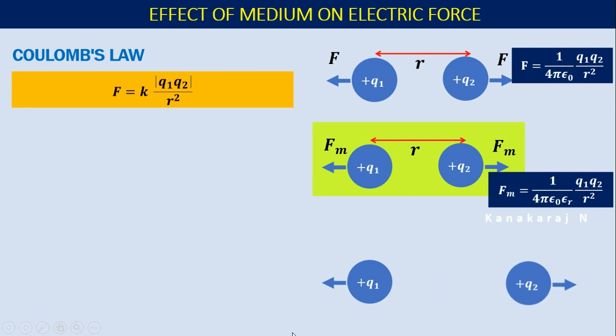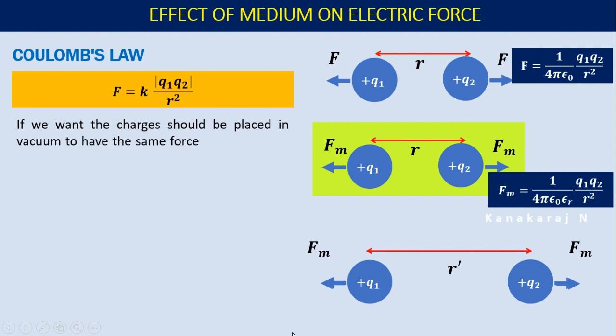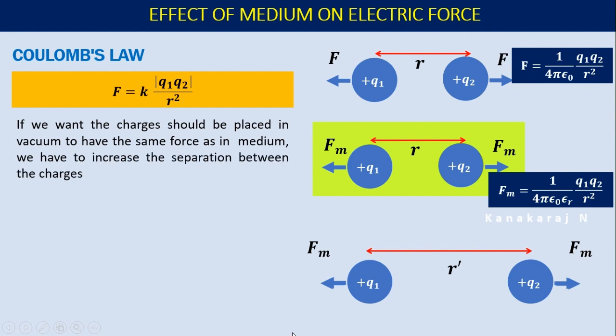Once I increase the distance to r prime, the force decreases back to Fm, which it had in the medium, but right now it is in vacuum. If we want the charges placed in vacuum to have the same force as in the medium, we have to increase the separation between the charges.